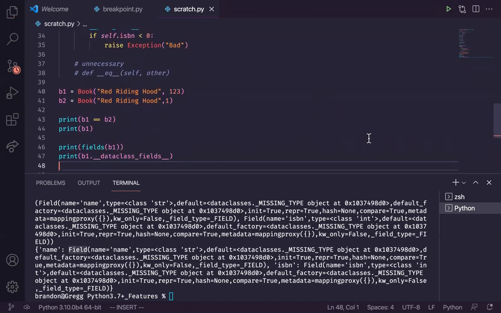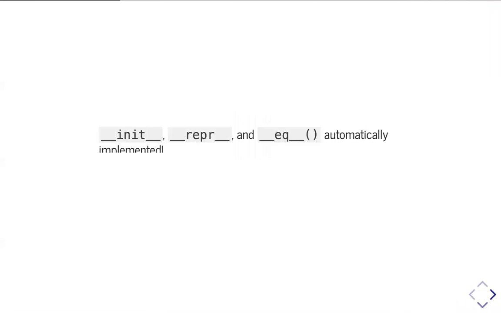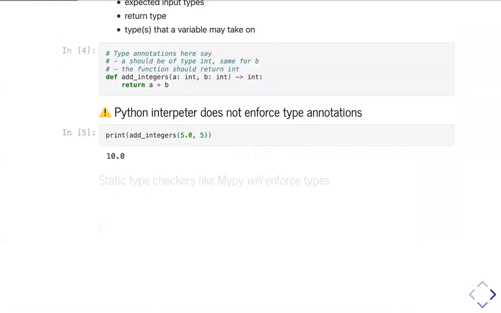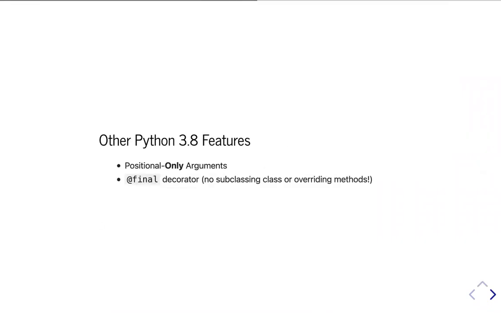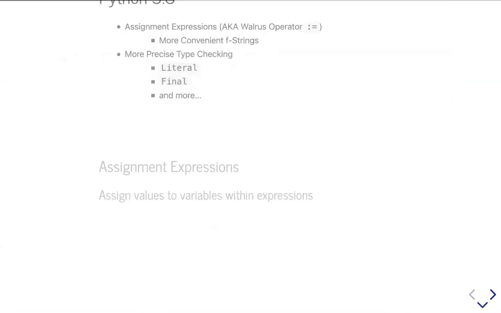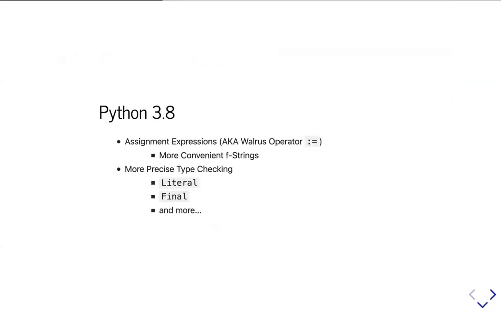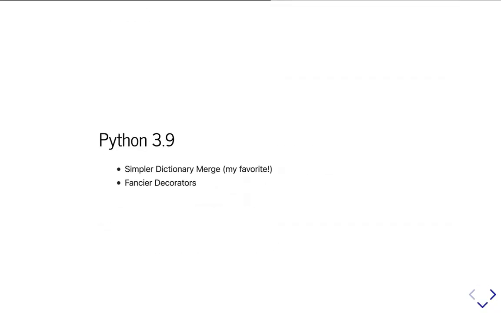Cool. Any other questions? Other questions on other things that Brandon talked about? Anybody? We've got a couple minutes left. Type annotations, data classes, all the way up here. Walrus Operator, literal. Decorators, Dictionary merge.